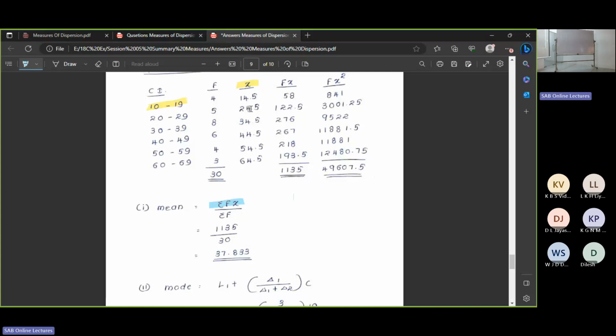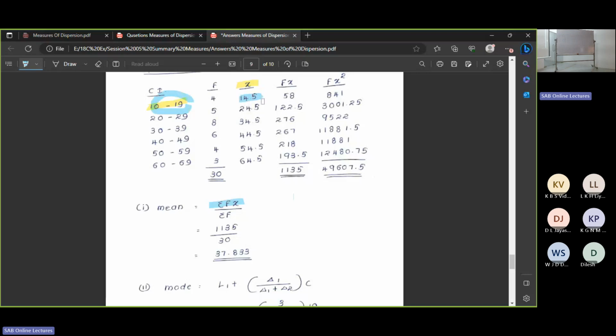5 into 24.5, 122.5. Why? The x value represents the whole class interval. Therefore we assume the 4 observations are there, and approximately that value is equal to 14.5. We assume the class mark is the value of all four of them.